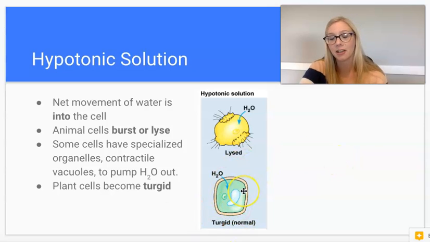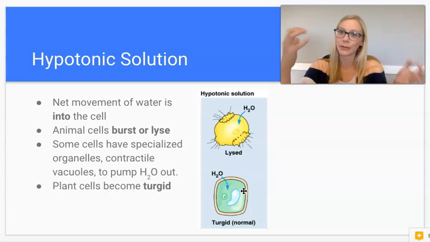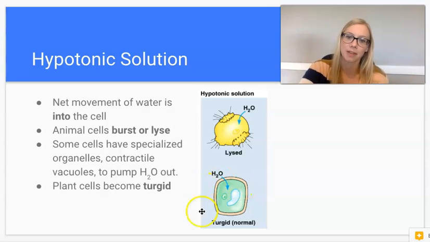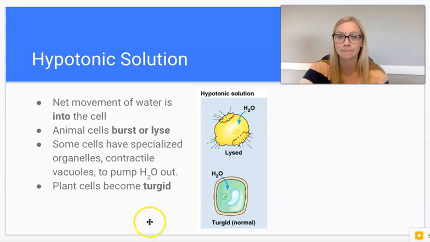And a plant cell, we say that this is where the cell is turgid, which is actually kind of good or normal, right? That's where that cell is kind of plump and your plant would look nice and bright, right? That it's filled with water. That's kind of how we would like it to be. And in this instance, our cell wall kind of helps keep that plant cell from bursting like we see in an animal cell, right? Kind of adds some structure and helps it maintain that structure and not burst.